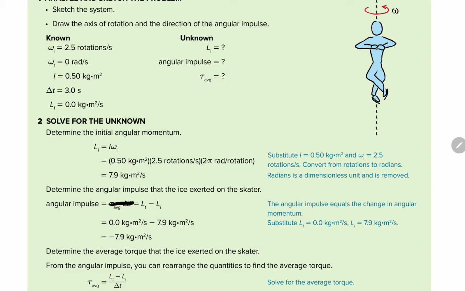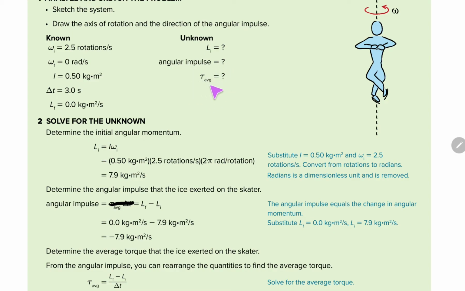L final equals 0 because omega final equals 0, so this is 0 minus L initial. L initial is 7.9, so the final result will be minus 7.9 kilogram meter square over second. This is the second unknown in this question.